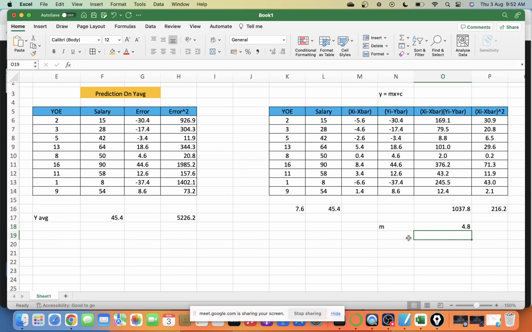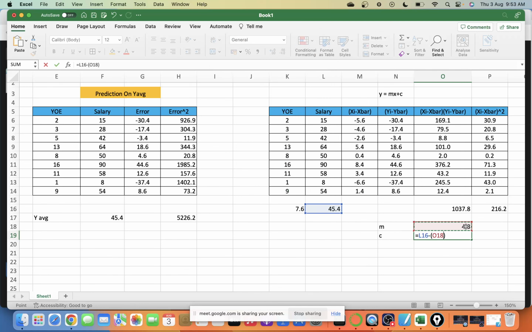This is our m. Now find the value of c. What is c? Y average minus m into x bar. So c will be y average, this is y average, minus m into x bar.